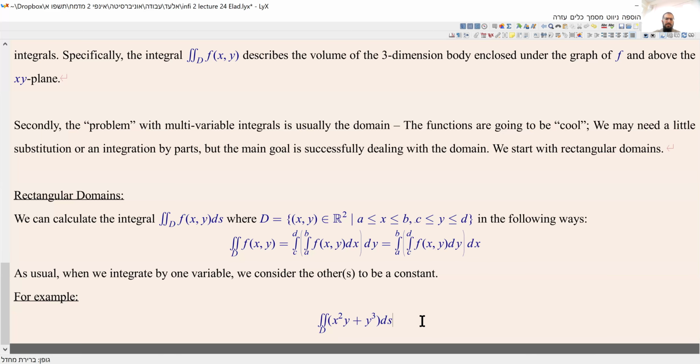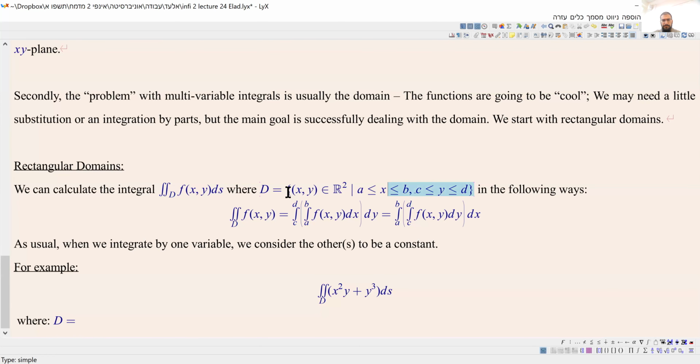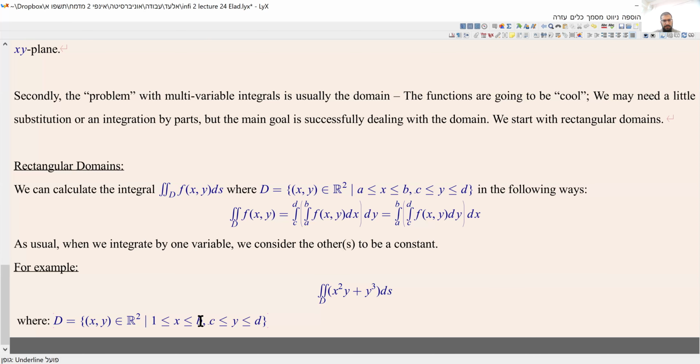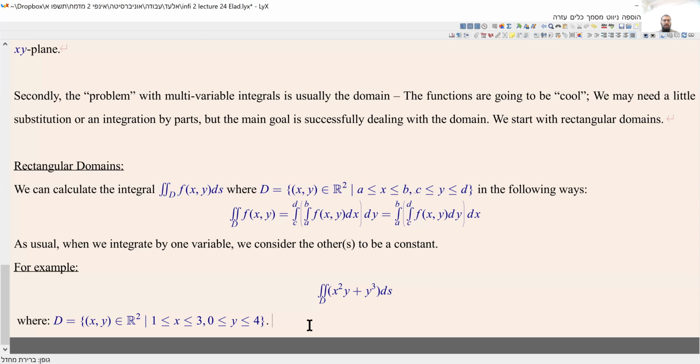The integral without the d is weird, but it's not really important. Where D is a rectangle where x is between 1 and 3, and y is between 0 and 4, whatever. Let's, for the sport, do it in both ways and be extremely surprised when we get the same result.